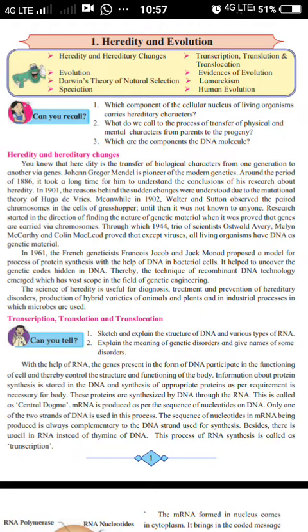It was discovered by Gregor John Mendel that characters are transmitted from one generation to another generation with the help of genes. So he is called the pioneer of modern genetics, or father of modern genetics. He performed his experiment in 1886.